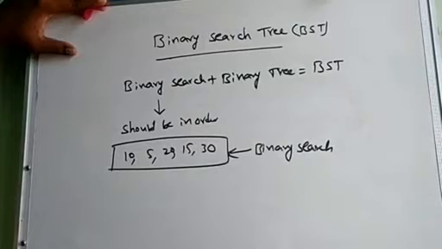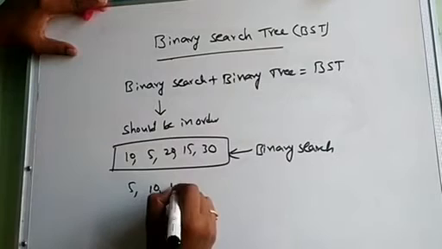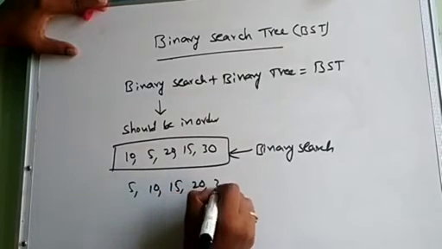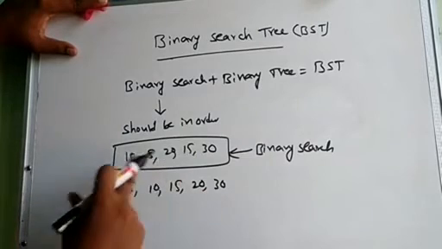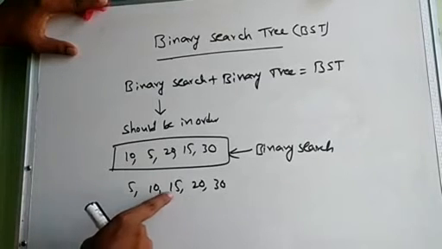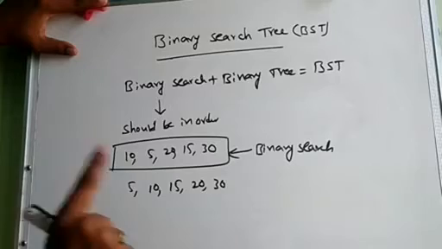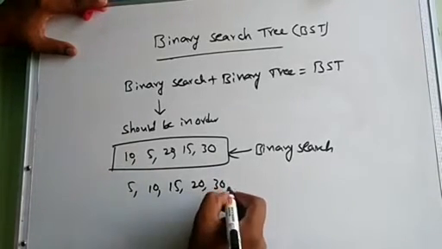What is the output? 5, 10, 15, 20, 30. Before binary search, the elements are out of order, not in ascending or descending order. They can be placed randomly, but once you apply binary search, the elements should be in order: 5, 10, 15, 20 and 30. So that is binary search.